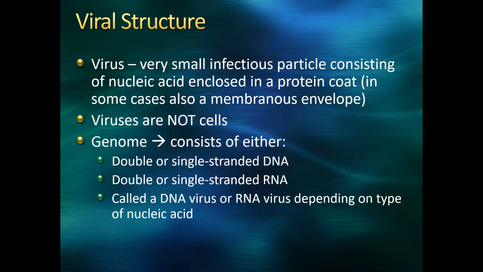The other interesting thing about viruses is the way that their genomes are set up. When we typically teach you as underclassmen about DNA and RNA, our two major genetic material molecules, we talk about DNA being double-stranded, RNA being single-stranded. And yet, when we look at viral DNA or viral RNA, that isn't always true.